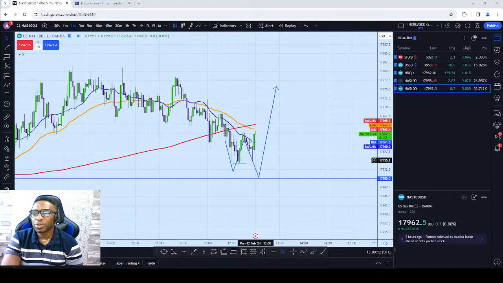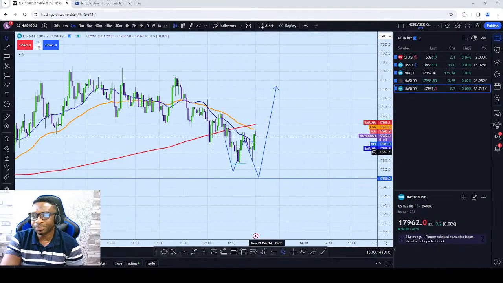Price has closed above the 20 moving average. It's still a bit near to it, so we will still wait a little bit to see what comes out of it.